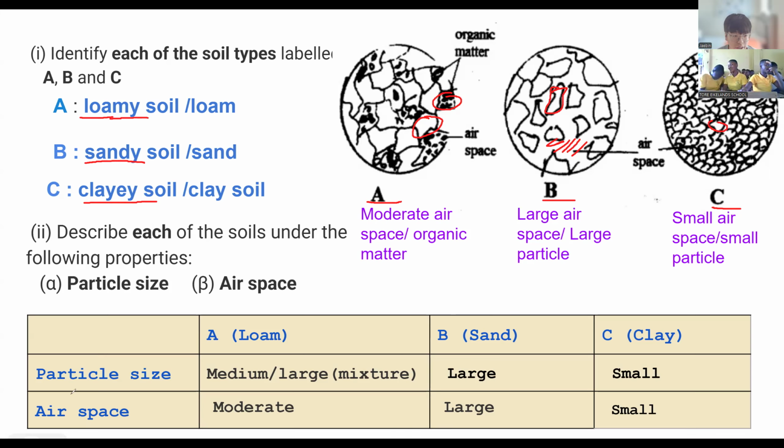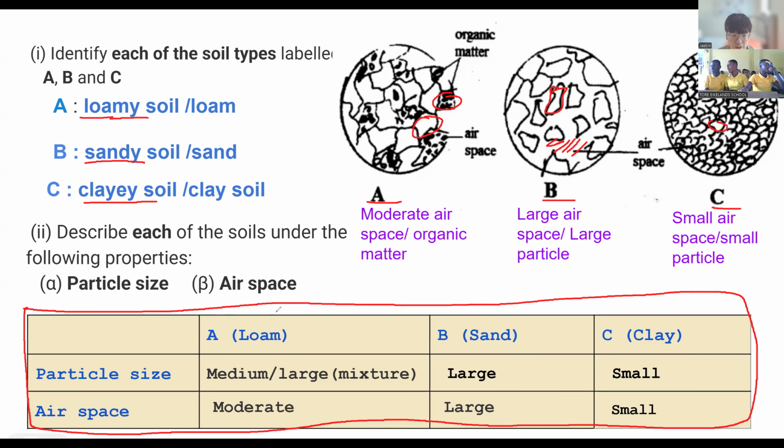And here is a table that summarizes the airspaces and particle sizes of these three different soils. So please take a look at this table. You can notice that for particle size, loamy soil is medium particle size, sand is large, clay is small.